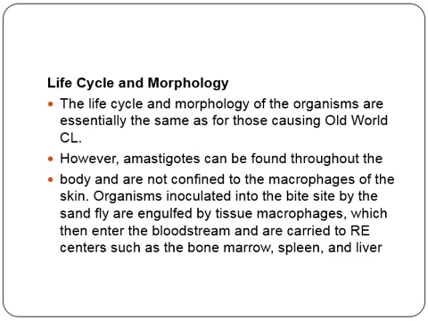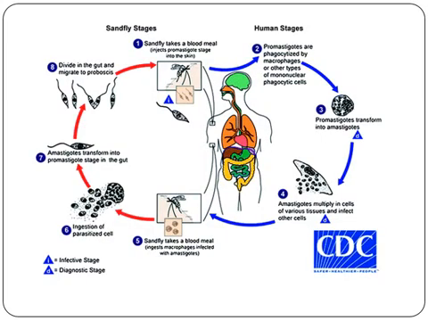They are present in the macrophages of the blood, which are the monocytes, and are carried to the reticuloendothelial centers such as bone marrow, spleen, and liver. So we call it visceral leishmaniasis.